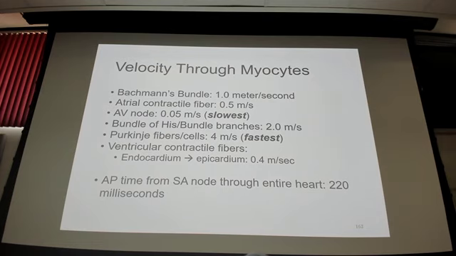Does the velocity correspond with the actual size of the fibers in this case? Like, if you have bigger fibers at the base of the heart, and the SA and the AV node, and then it gets really smaller in order to propagate that? I mean, not necessarily.